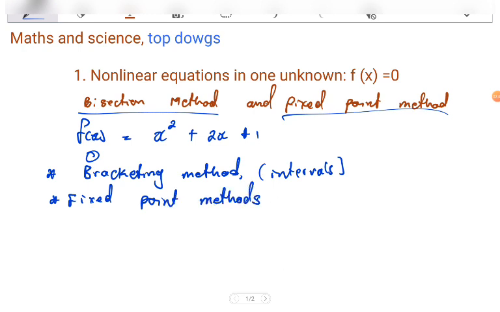All right, so let's start with the bracketing method, also called the interval method, and we're going to name it the bisection method.